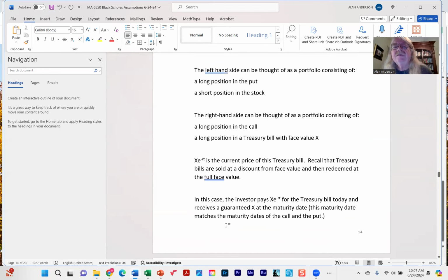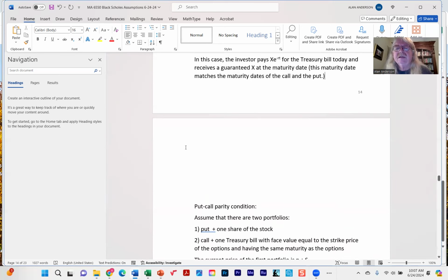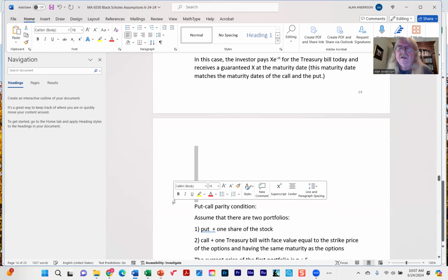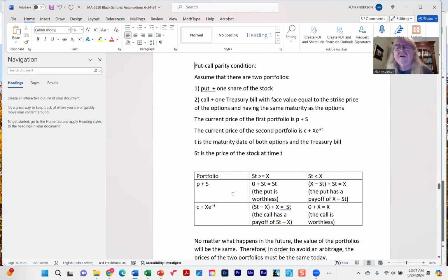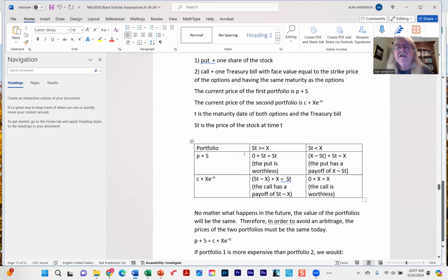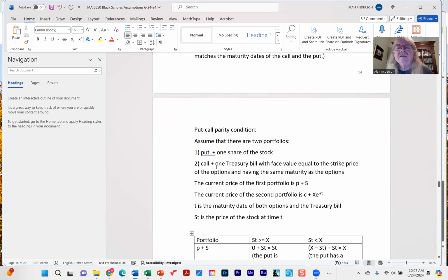Okay. Now, here's the thing. We did mention that in order to avoid an arbitrage, first of all, what we want to do is demonstrate that on the maturity date of these options, the cash flows to both portfolios will be identical to each other. That's where we're going to start. Now, here I set up a little chart.